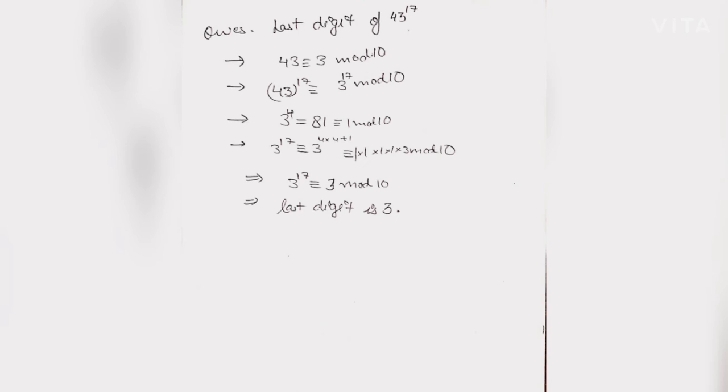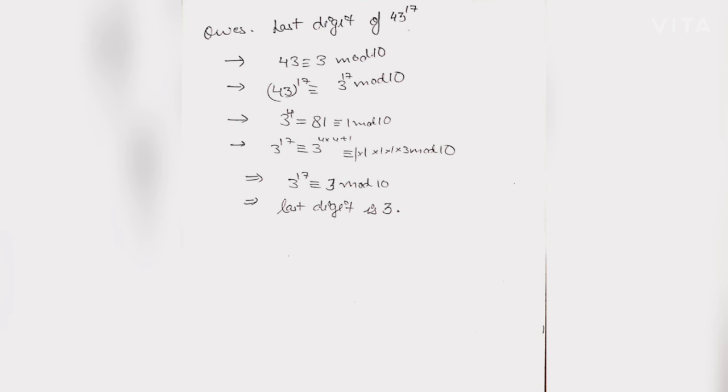Alright, so the fourth question is we have to find the last digit of 43 raised to the power 17. The last digit can be calculated by calculating the remainder when the number is divided by 10.